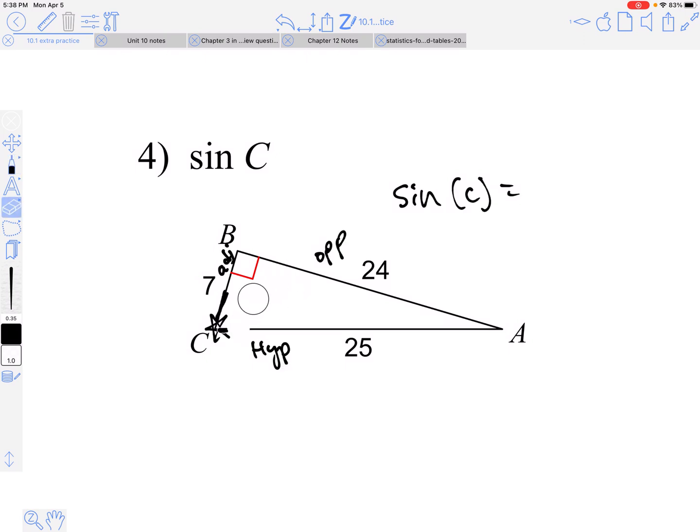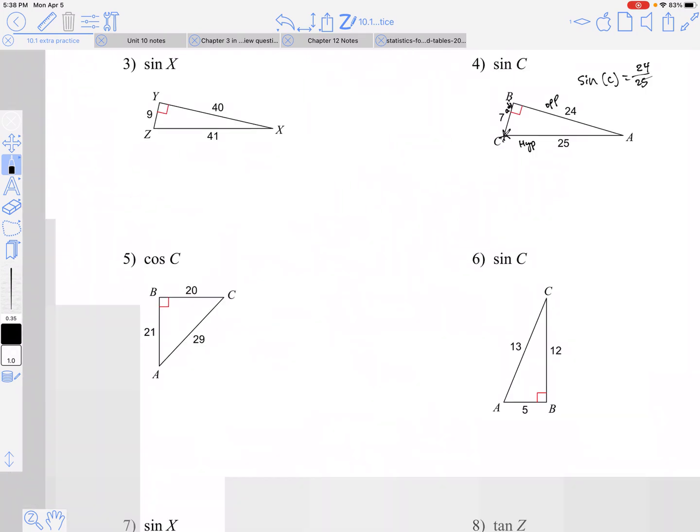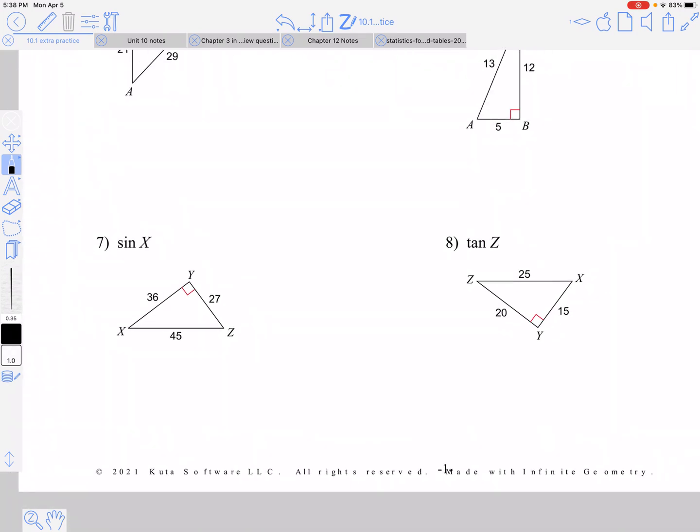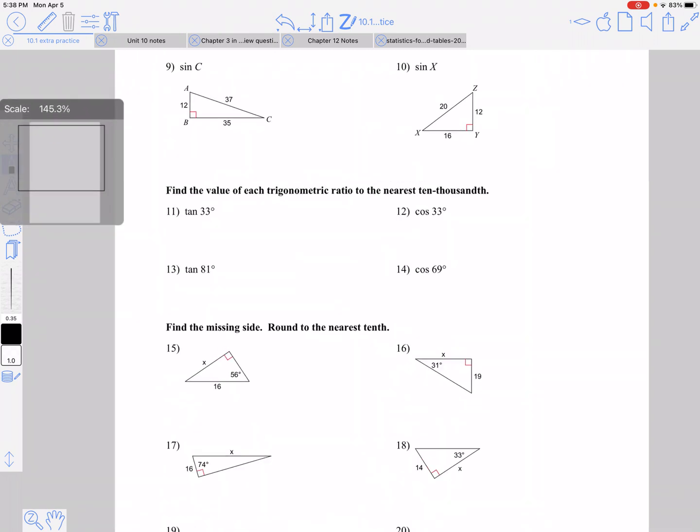So just to label those. So SOHCAHTOA, sine is opposite over hypotenuse, so 24 over 25, which I don't think simplifies very nicely. Okay, let's look at another example over here.